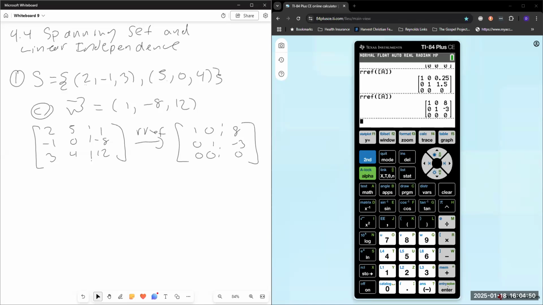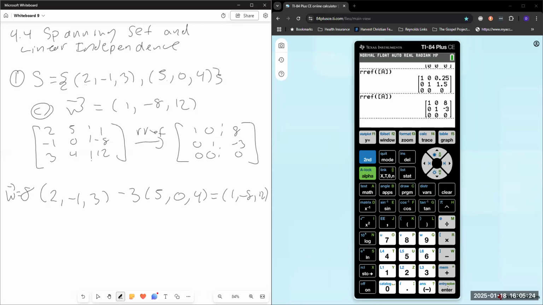We'll see in a minute if we get it to where the z component comes out to be something different and we can't make it work. But so far these have worked. So we have w equals 8 times (2, -1, 3) minus 3 times (5, 0, 4), which is equal to (1, -8, 12).